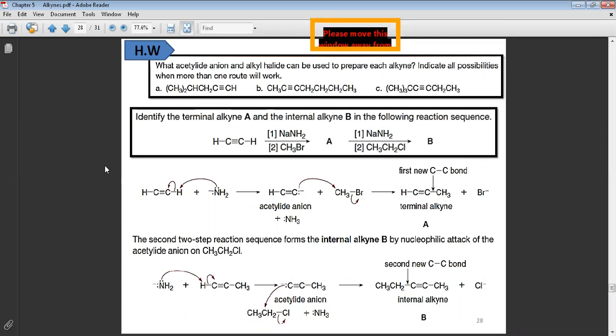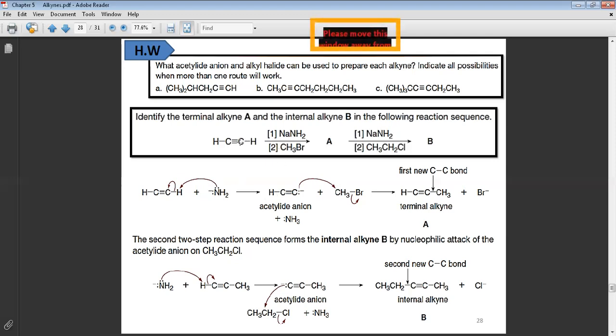Now it says: identify the terminal alkyne A and terminal alkyne B for the following reaction sequence. What is the structure of A and what is the structure of B? Look, the first step is reaction with a strong base, NaNH2, to give you an acetylide anion.